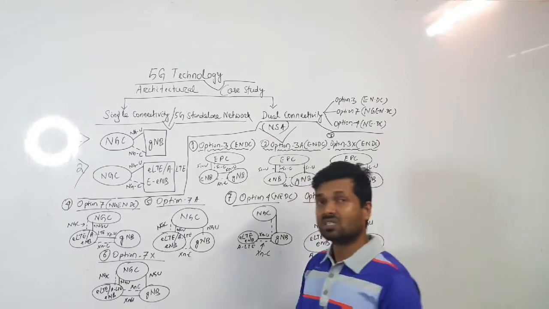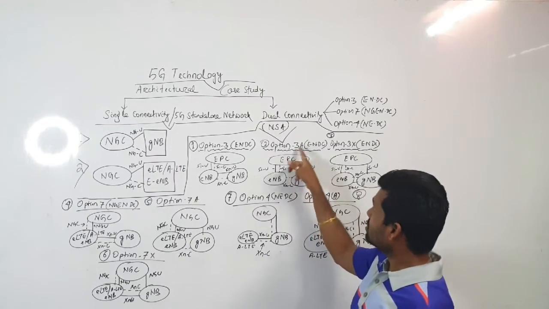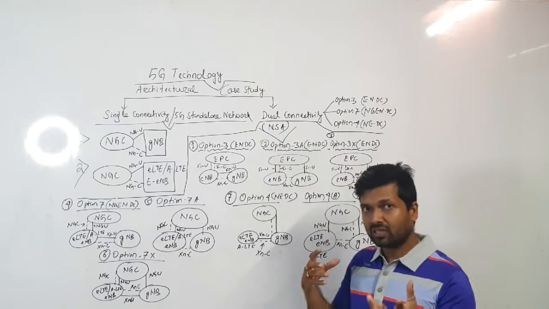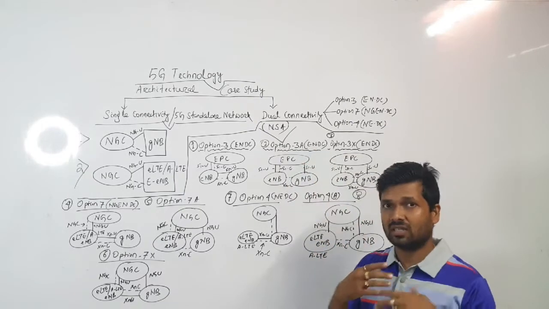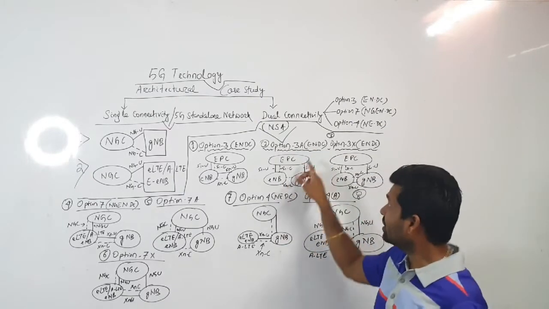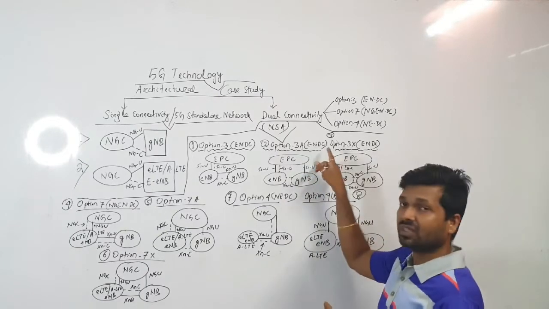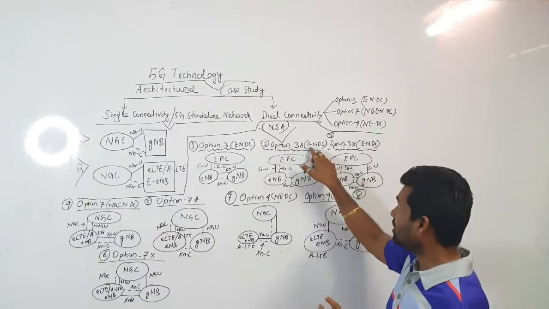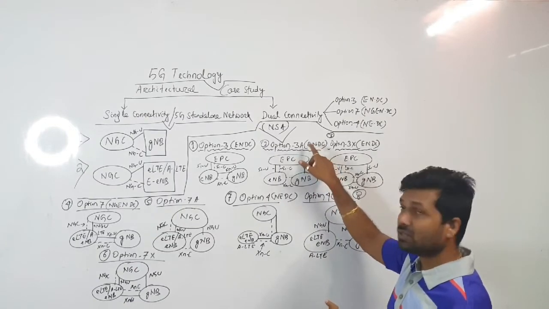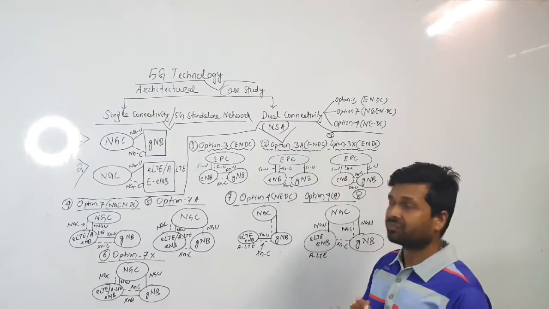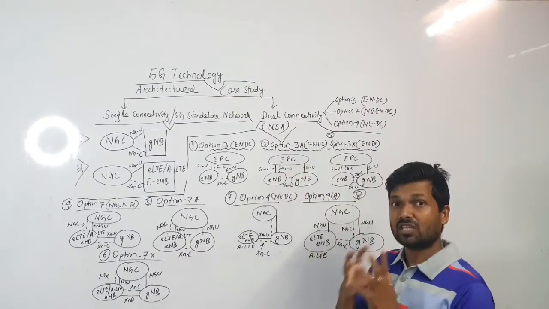Now moving to option 7. This is called ENDC. For remembering, what is it? E stands for E node B, N for NR or the G node B, and DC is dual connectivity. So here ENDC means the LTE node, or the E node B, is the master node.